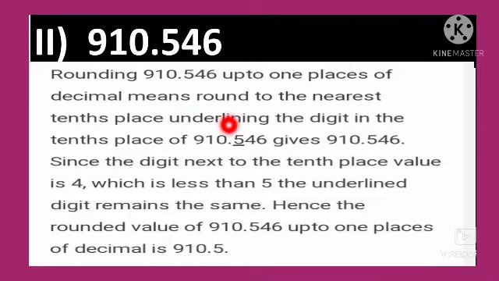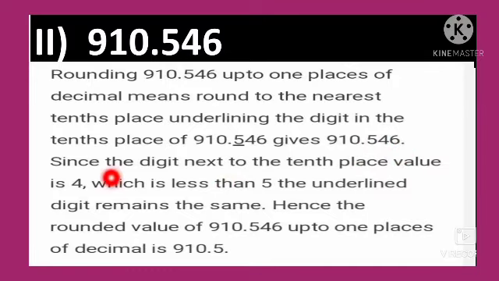Okay, that is, round to the nearest 10th place. Underlining, as our first step, the digit in the 10th place of 910.546 gives 910.546.